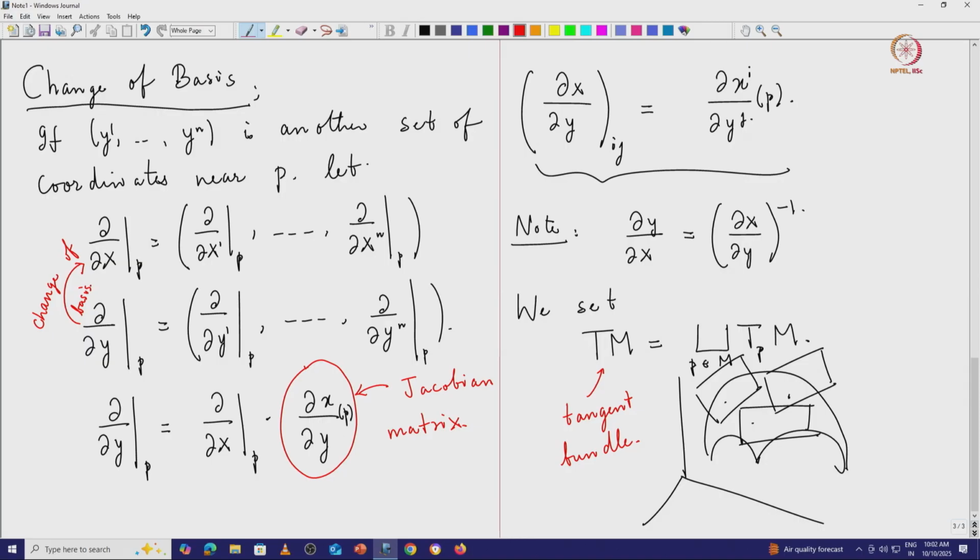Right now, just taking the disjoint union, this is just like some other set, right? But it turns out this has more structure.